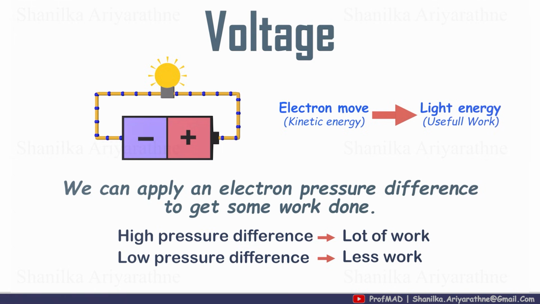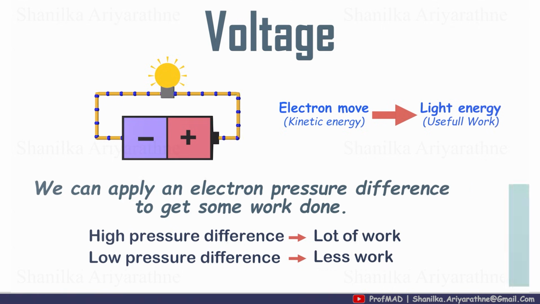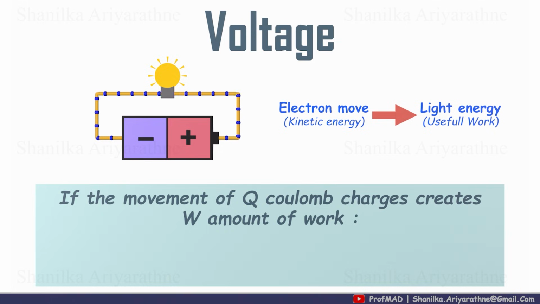So, the amount of work that moving charges can produce is a great way to measure how strong that pressure difference is. In other words, voltage tells us how much energy each unit of charge can deliver. If moving Q coulombs of charge does W joules of work, we can define voltage like this.